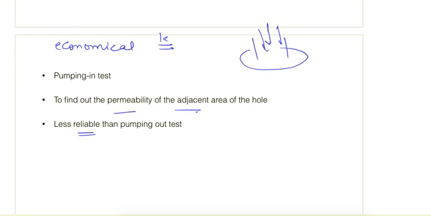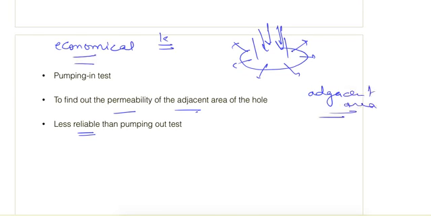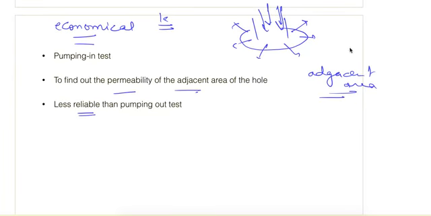When we are pumping in, that water will be affecting very little area, so we can just find out the permeability of the adjacent area, not of the far off ground. So this is done when permeability is required for the adjacent area, and it is economical also. Depending upon that condition we can use this test. So that's it for the pumping test.